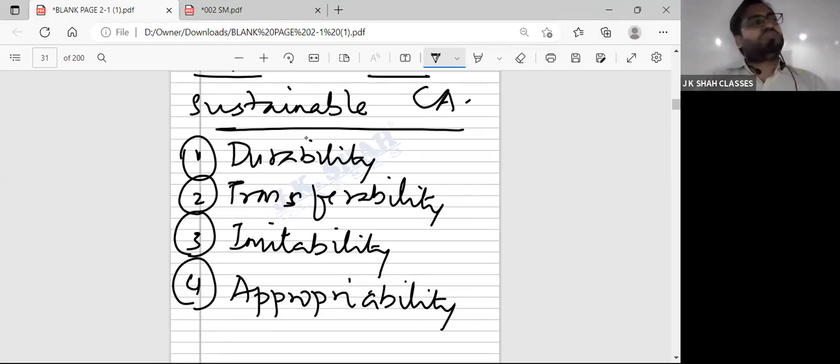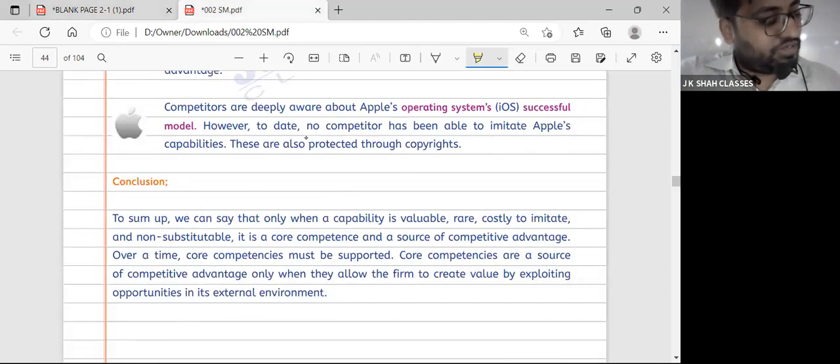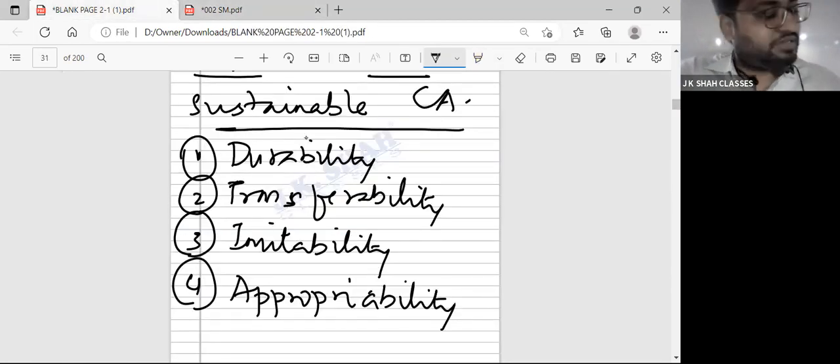You all understood this. So, what are the characteristics of resources and capabilities to achieve sustainable competitive advantage? Durability, transferability, imitability. You finished writing this, right?